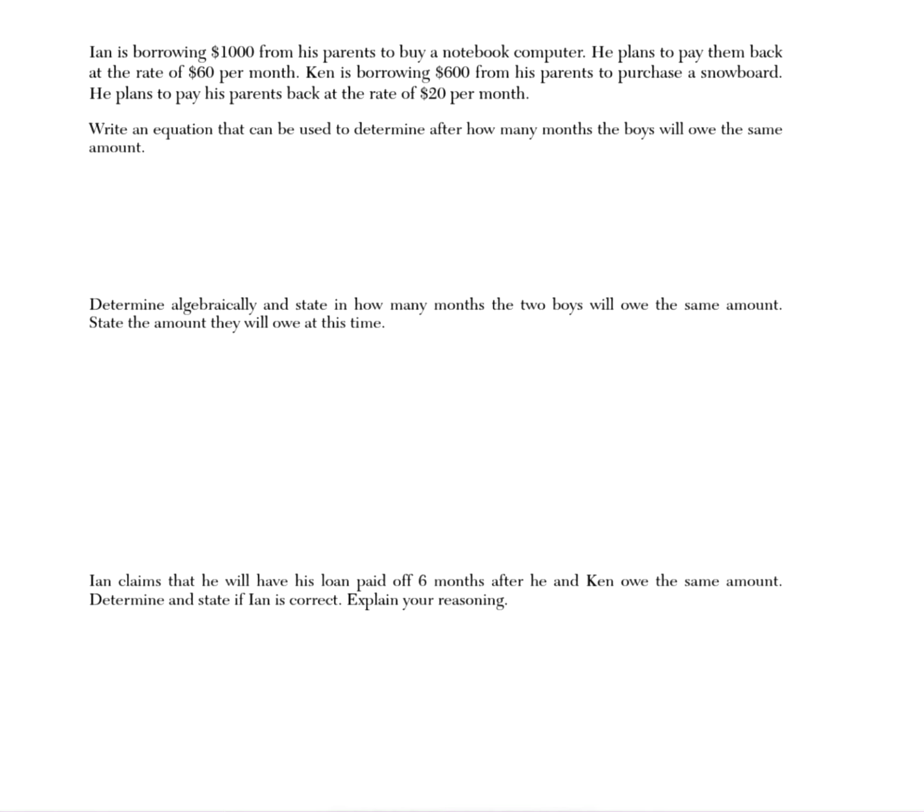Okay, and he plans on paying them back at a rate of $60 per month. And then we have Ken. Ken is borrowing $600 to purchase a snowboard, and he plans on paying them back at $20 per month. And it says write an equation that can be used to determine how many months the boys will owe.